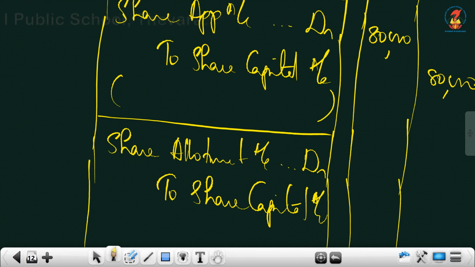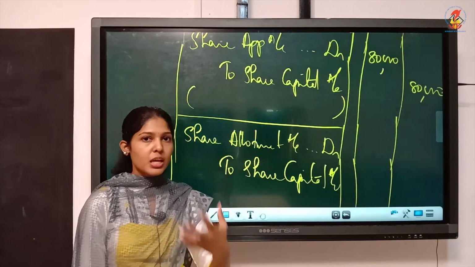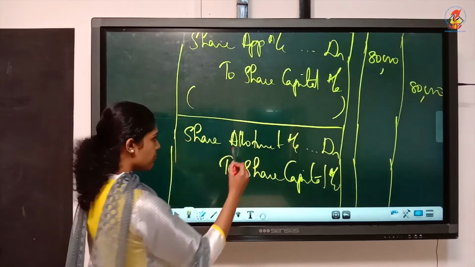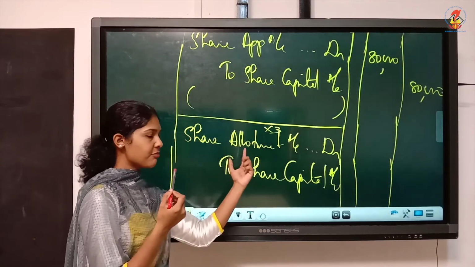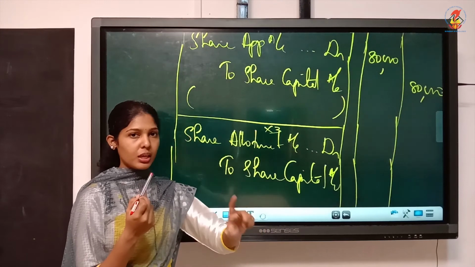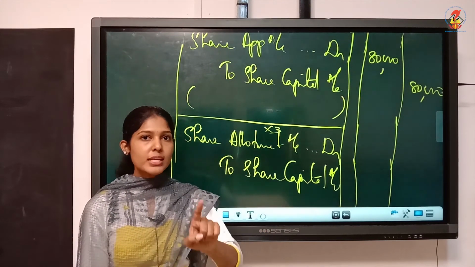Okay, what is allotment amount? It is 3 on allotment. Okay, on how many shares will you collect that allotment of 3? Is it on 25 or on 20? You have allotted or issued how many shares? Only 20.